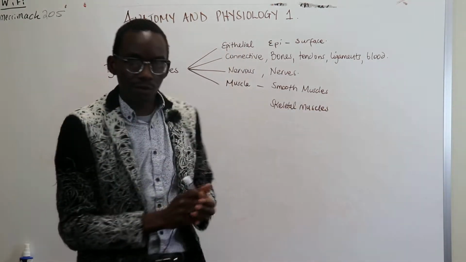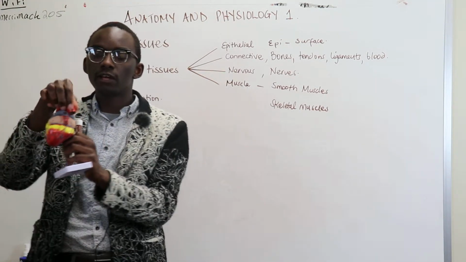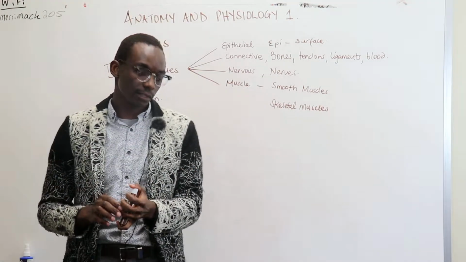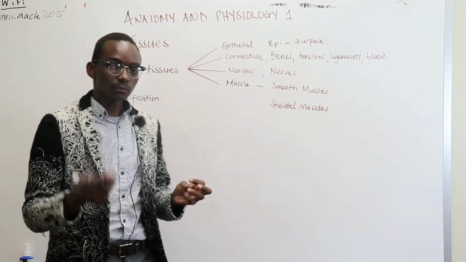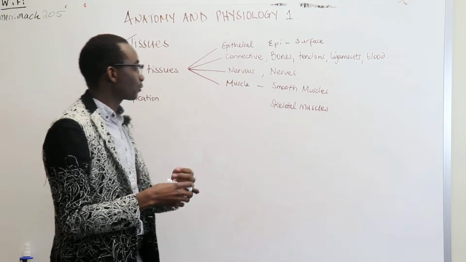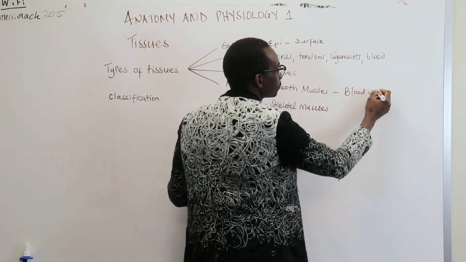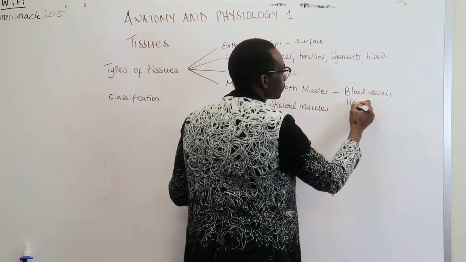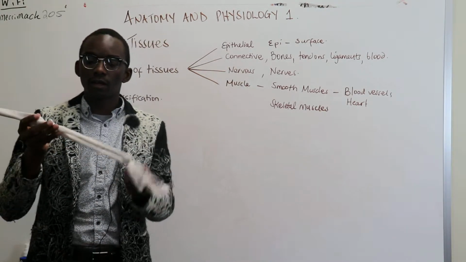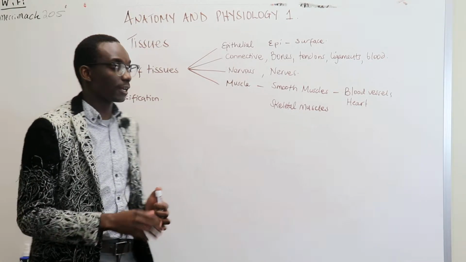For smooth muscles, a very good example is the muscles of the heart, the smooth muscles of the blood vessels, and also some smooth muscles in the uterus and the kidney, as we shall see further when we discuss more of these muscles. Under skeletal, we see all the skeletal muscles that serve the bones, those that are attached to the bones. We shall see those in our further chapters.